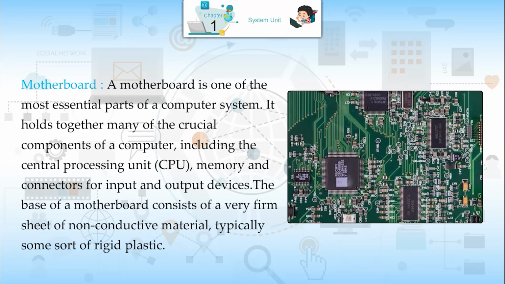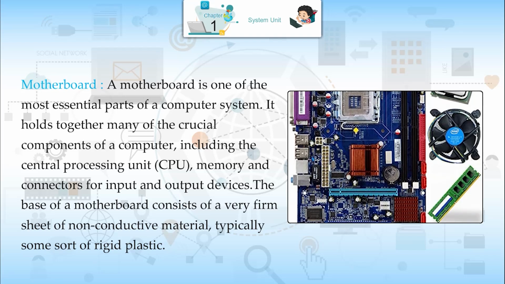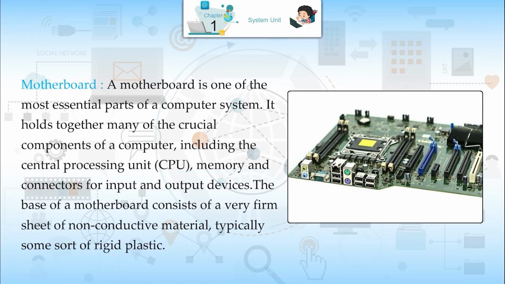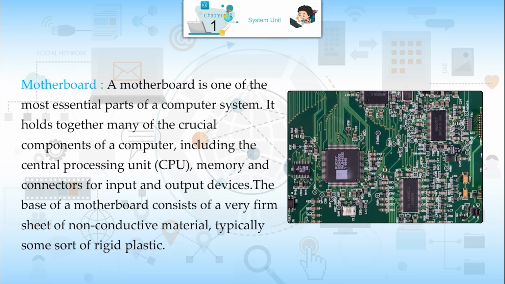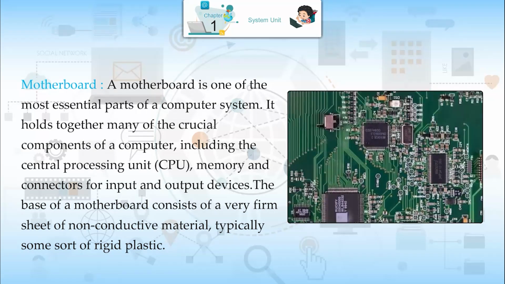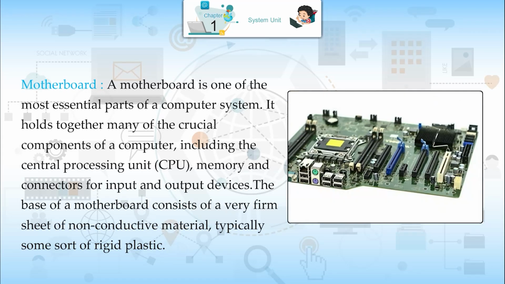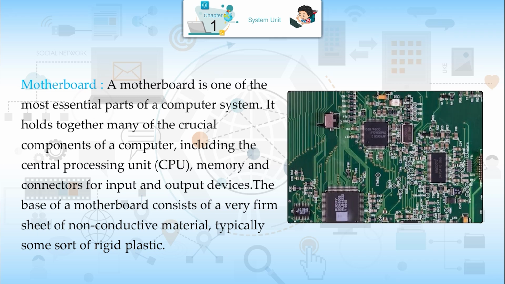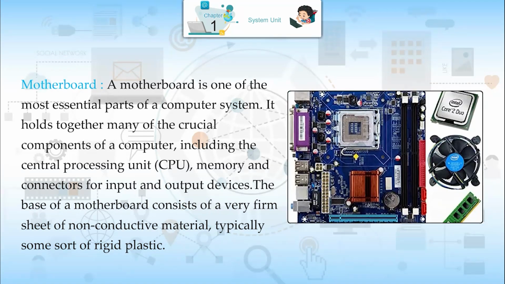Motherboard. A motherboard is one of the most essential parts of a computer system. It holds together many of the crucial components of a computer, including the central processing unit, CPU, memory, and connectors for input and output devices. The base of a motherboard consists of a very firm sheet of non-conductive material, typically some sort of rigid plastic.